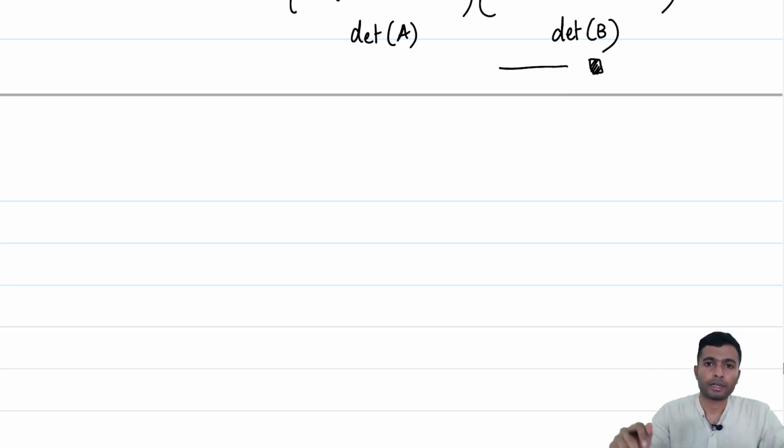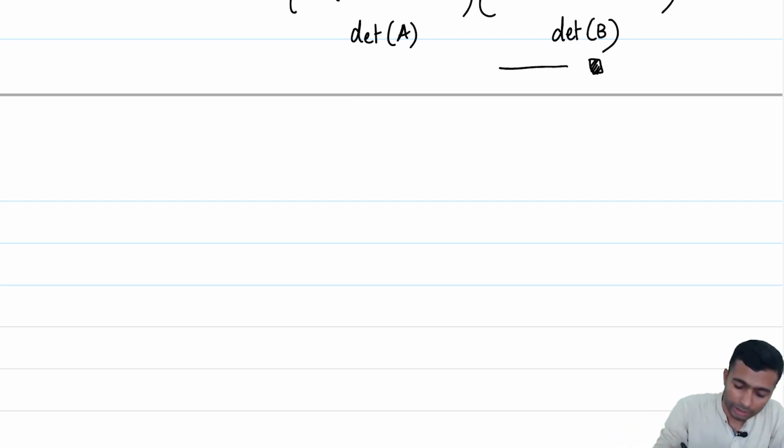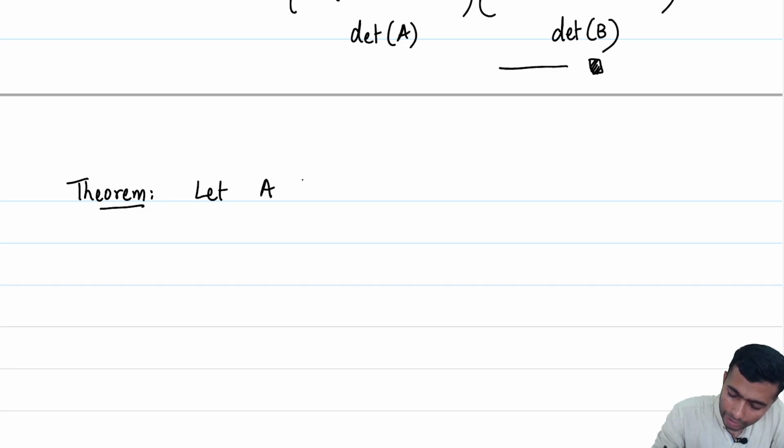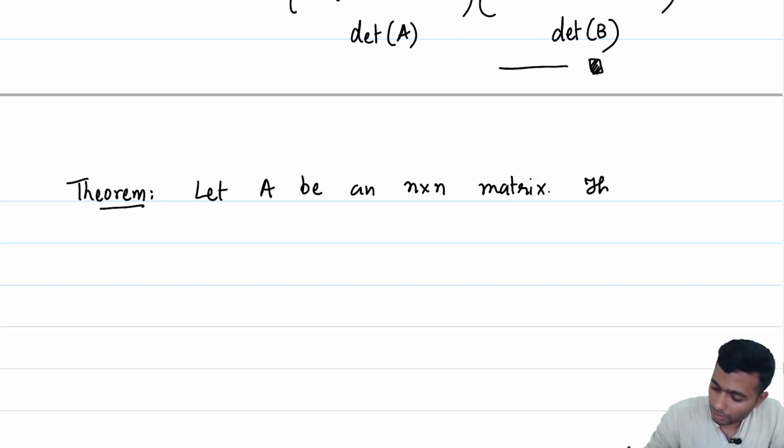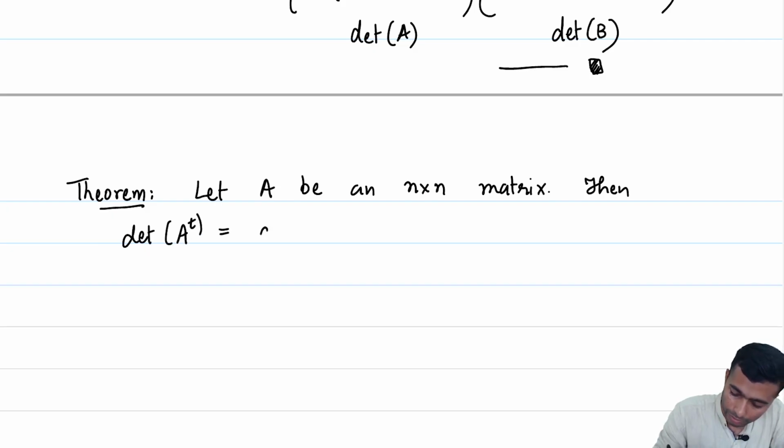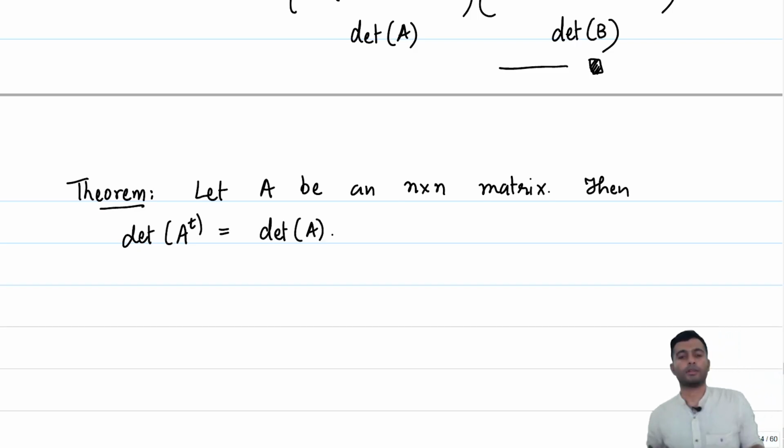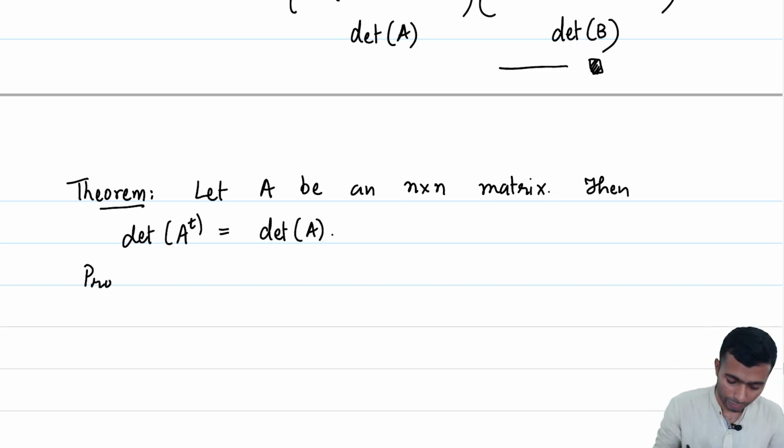We will now prove that for the transpose of a matrix, the determinant is again preserved. So, let us do that. Theorem: let A be an n cross n matrix, then determinant of A transpose is equal to the determinant of A. So, again we will split this into two parts, the proof.